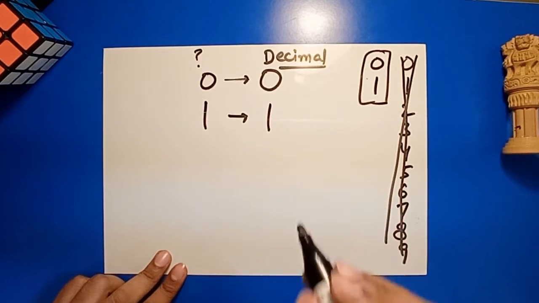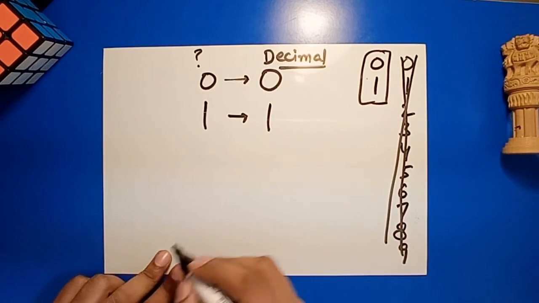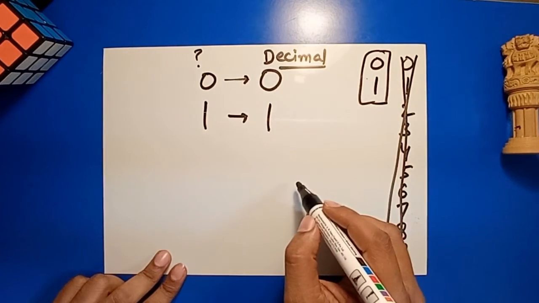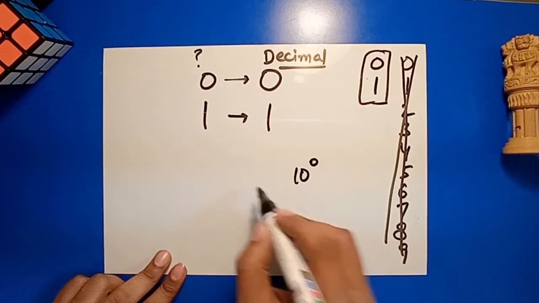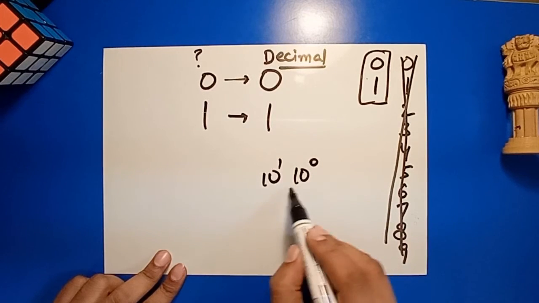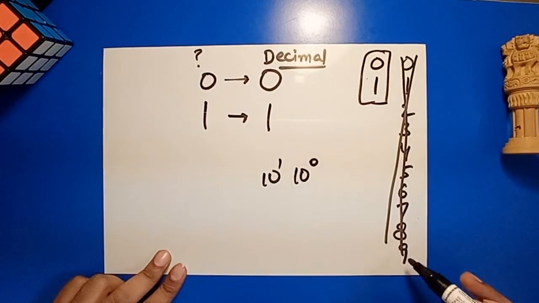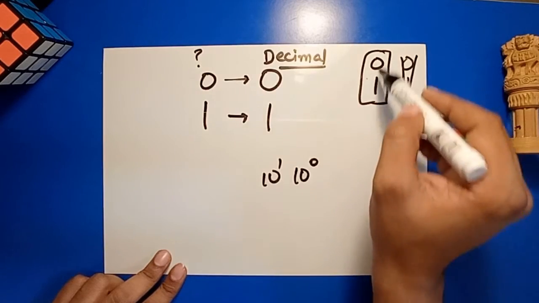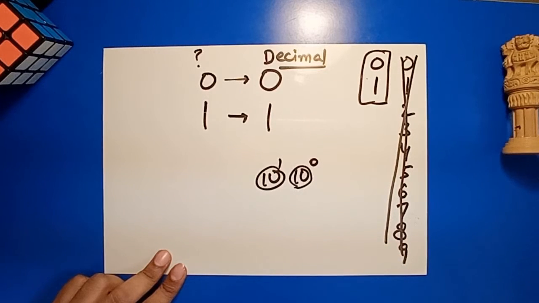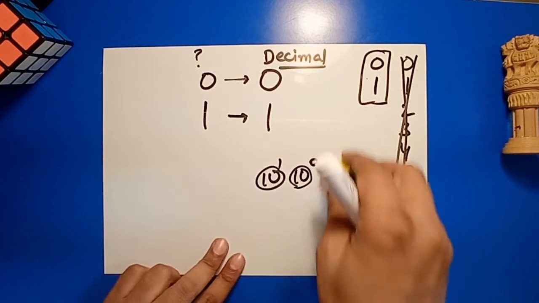So what will the place value system look like for such a number system? In our decimal number system, we had 10 power 0, 10 power 1, and so on. Why were we using 10? Because we had 10 digits. So in this particular number system, what would be the base? Absolutely right, it would be 2.